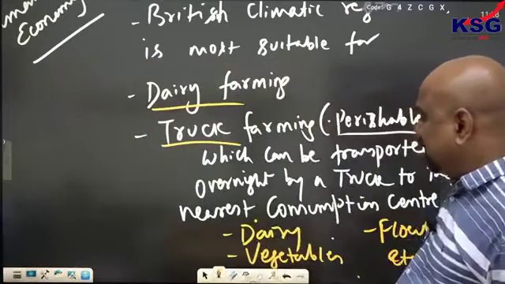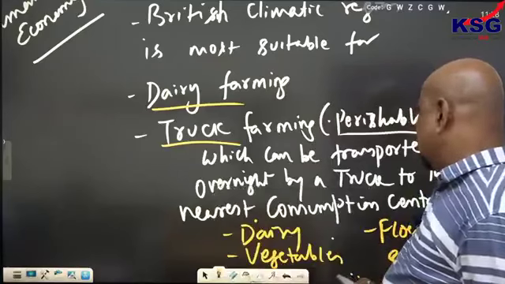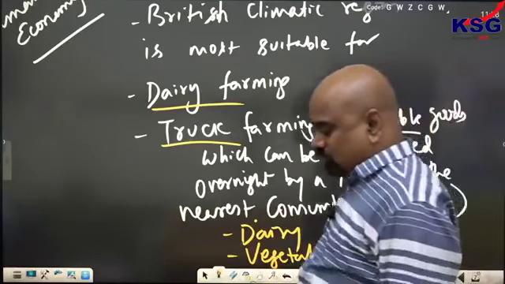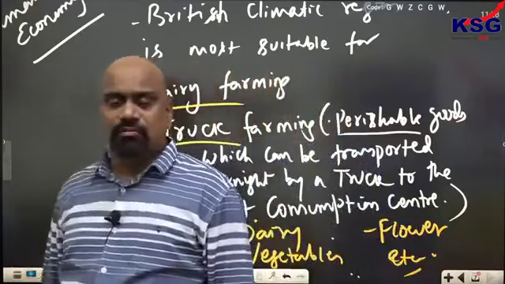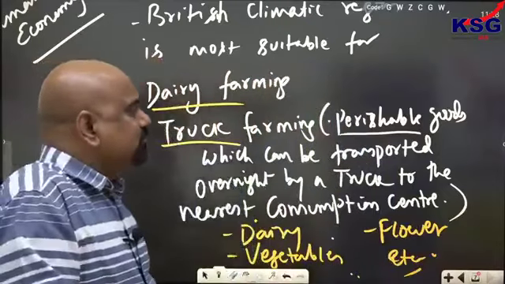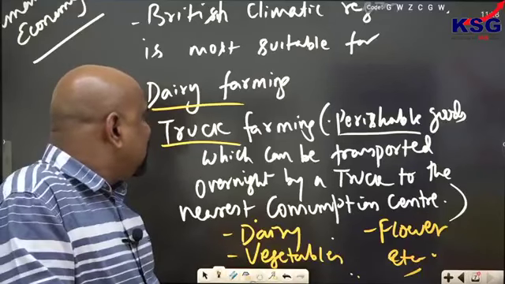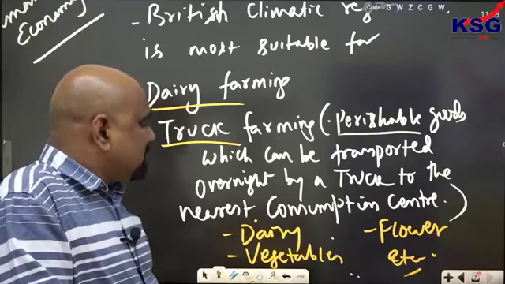Apiculture also is very dominant in these regions. So the British climate is known for all these goods, particularly perishable goods.